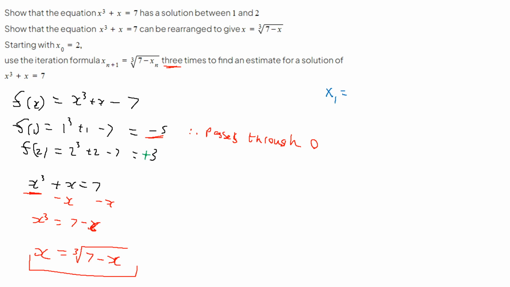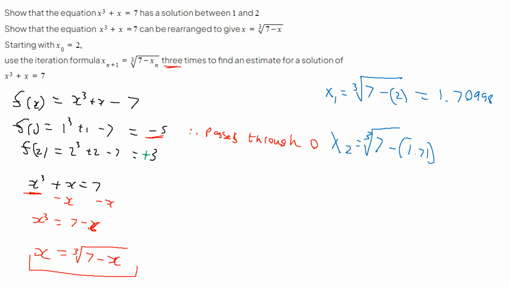x1 is simply going to be equal to the cube root of 7 minus 2, which is equal to 1.70998. x2 is going to be equal to the cube root of 7 minus 1.71. I'm just going to round it, which is equal to 1.74242.